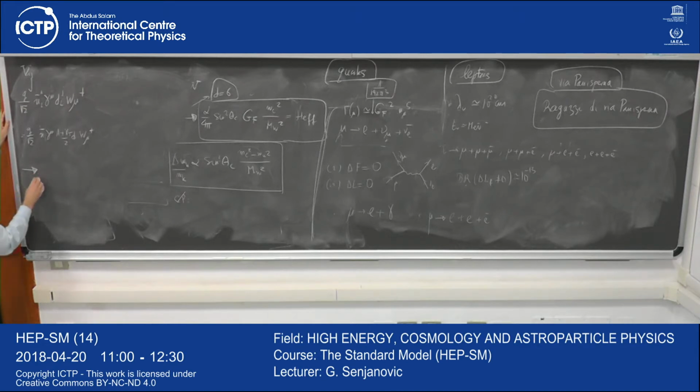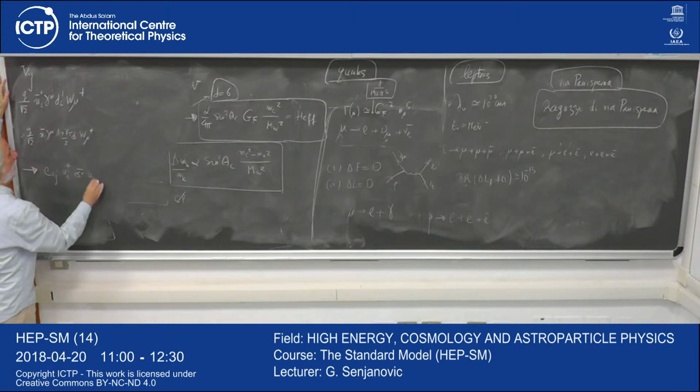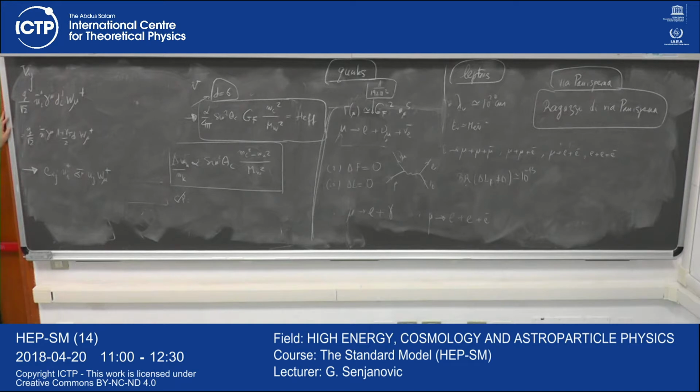So what I have is some coefficient Cij, G times Vij, Ui dagger, sigma mu bar, Uj, W mu dagger, plus. You agree? Where Cij is G over square root of 2 Vij.